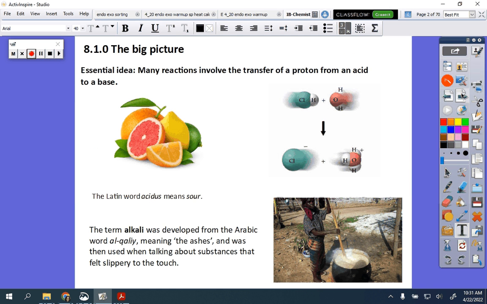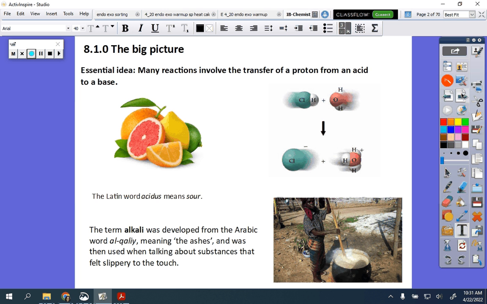Okay. All right, so when we talk about acids and bases, there are several definitions of acids and bases. We're going to briefly touch on two of them and focus on one. The one we're going to focus on talks about the transfer of a proton, which is a positive hydrogen ion, right?